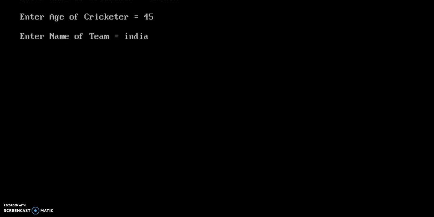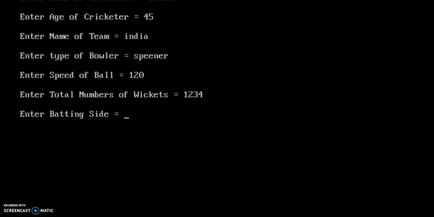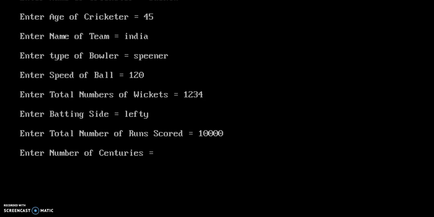Name of the cricketer, age, then bowler, type of bowler, speed of ball, total number of wickets, enter the batting side, total number of runs, and number of centuries.